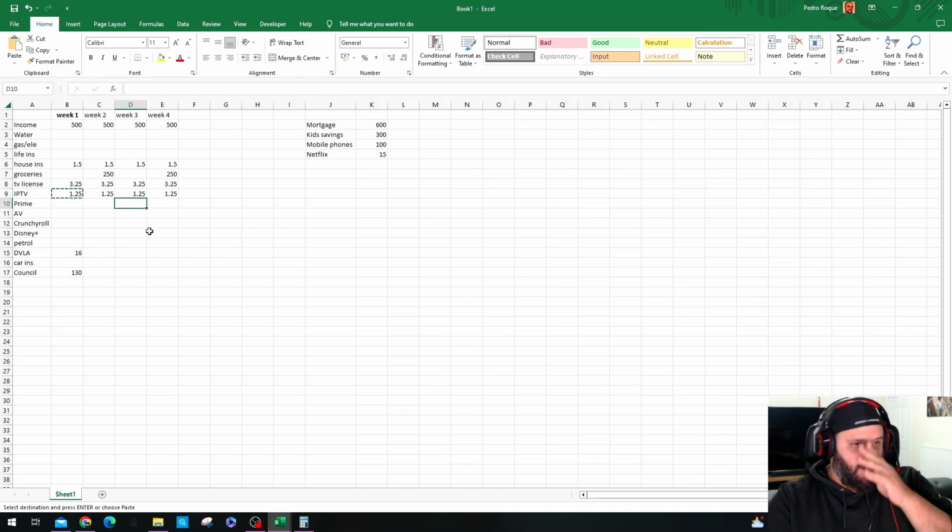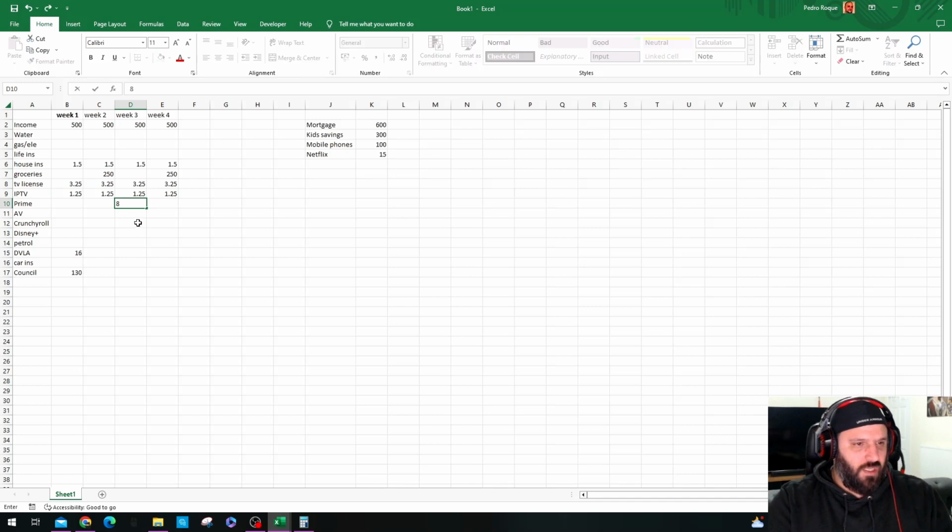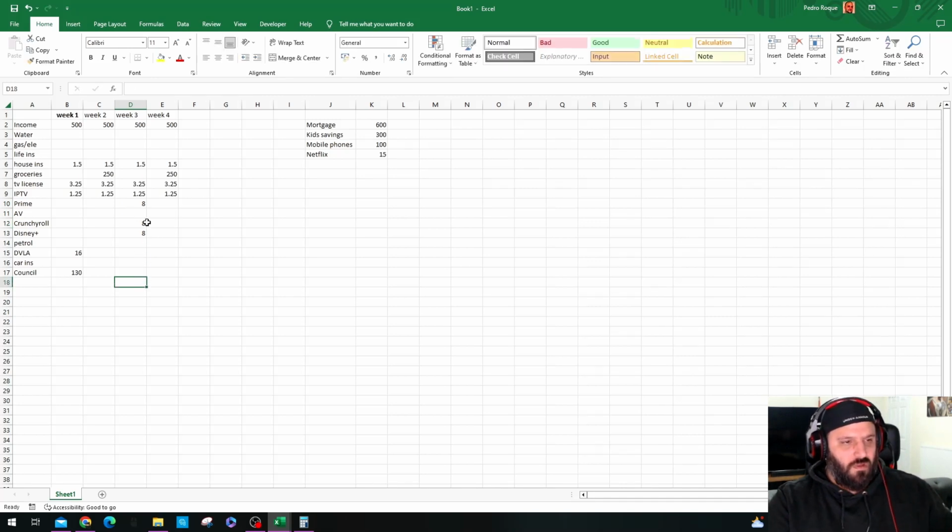So I got all these subscriptions to come on the third week. Why? Because on the second week I've already got 250 for the groceries. So I threw these ones. I think it's £8. Let's put 8 on all of them because I'm not sure. So I think some of these might be cheaper, some of these might be a little bit more.